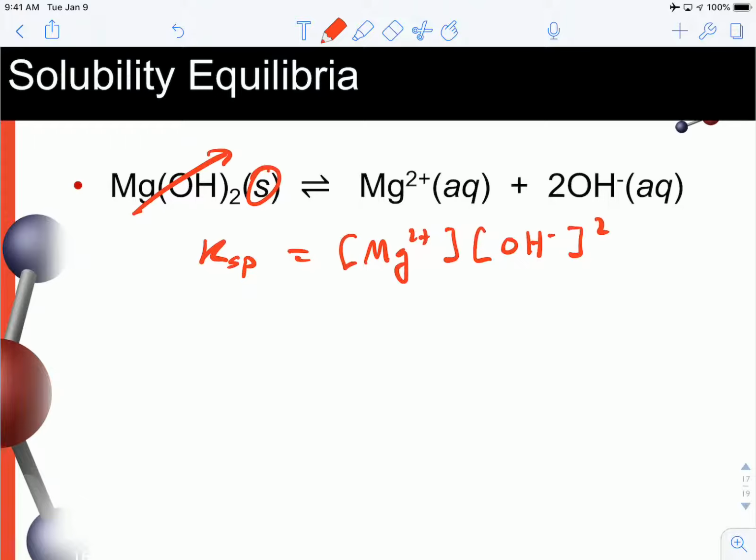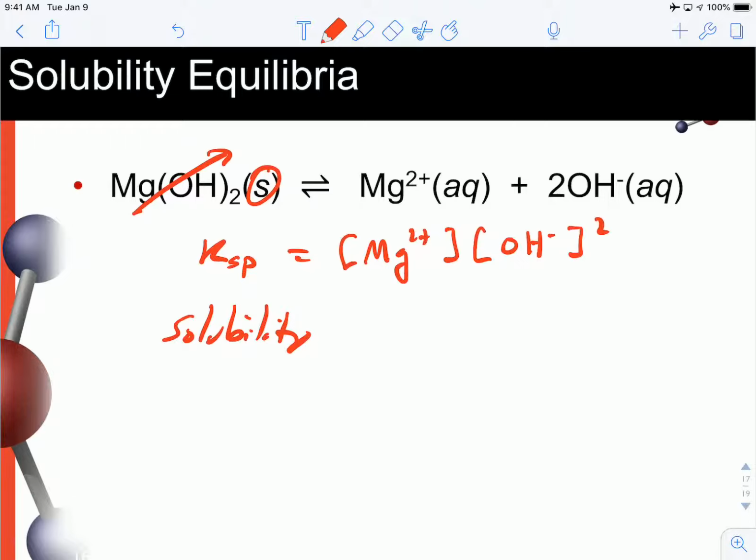And basically, this is a measure of the solubility of a compound. What is the equilibrium concentration of magnesium hydroxide in solution when you add magnesium hydroxide solid? That is your solubility. You can report this as a molar solubility, or you can report it in grams per liter, but this is defined really. This is your solubility, whatever these concentrations are.